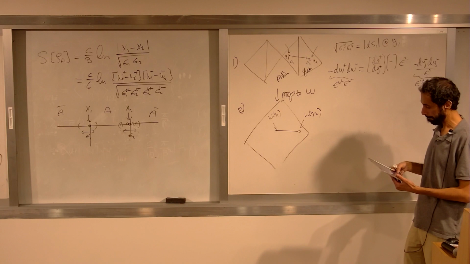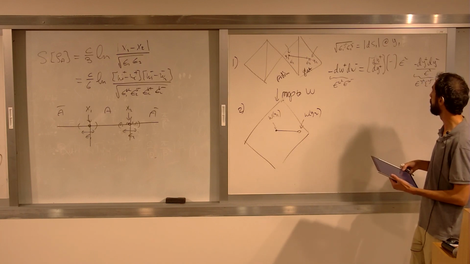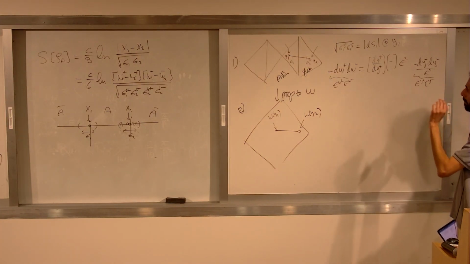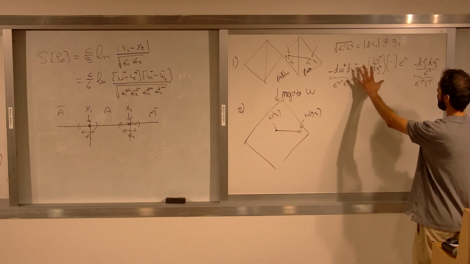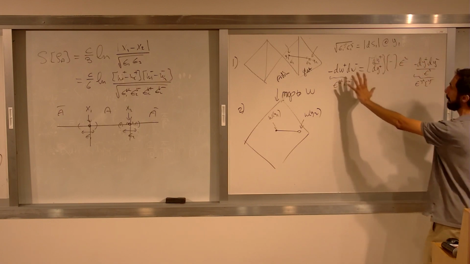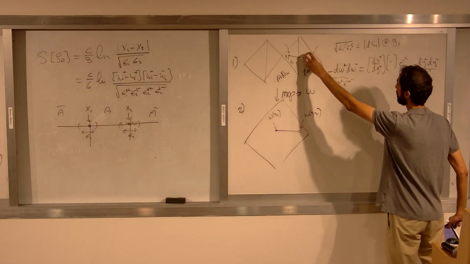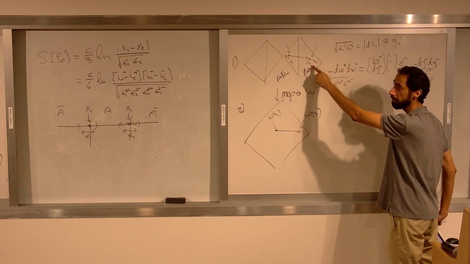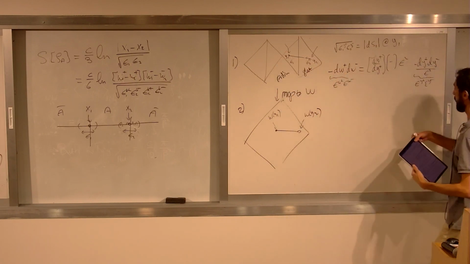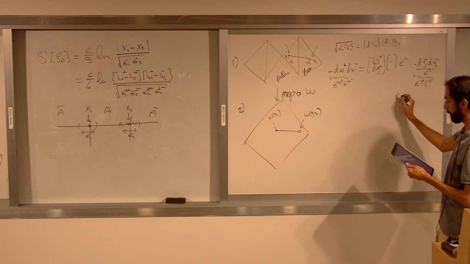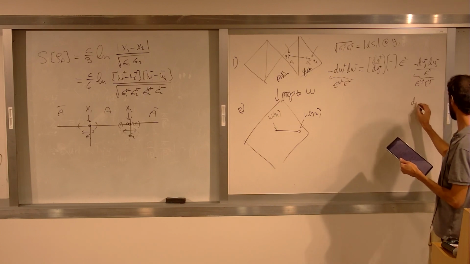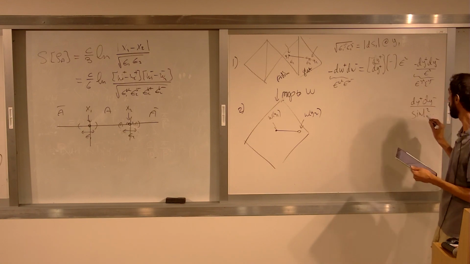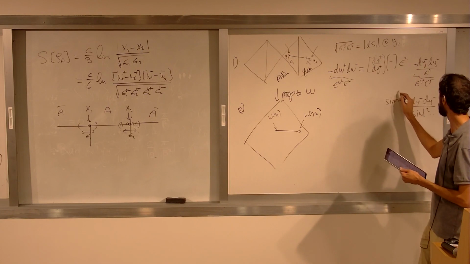Okay? I just noticed that there's actually a missing factor. This is what happens because I went from this metric to this metric. This is the physical metric in the flat space region. But here, it's not just this. I need to consider dy plus, dy minus divided by sinh squared, and so on and so forth, and also multiply here by the same thing.